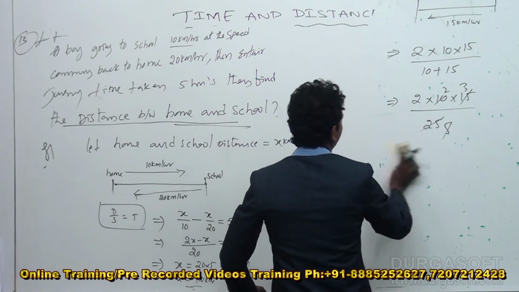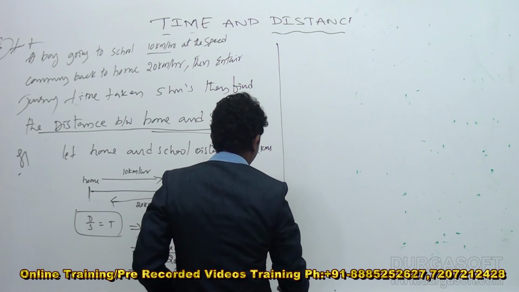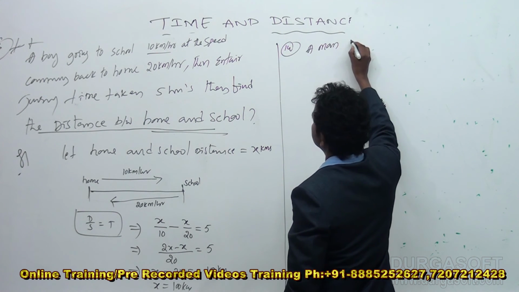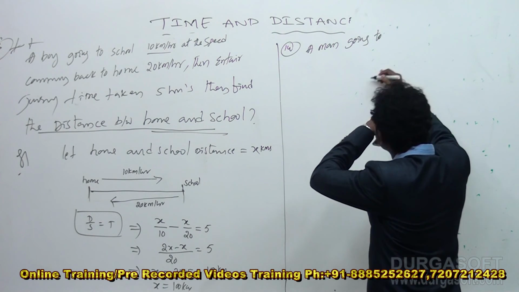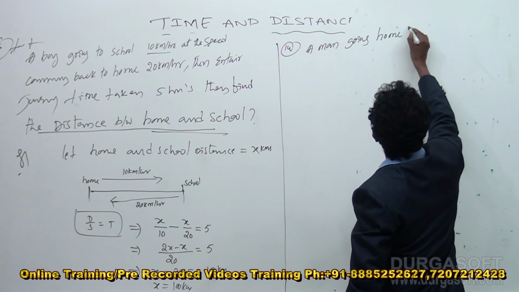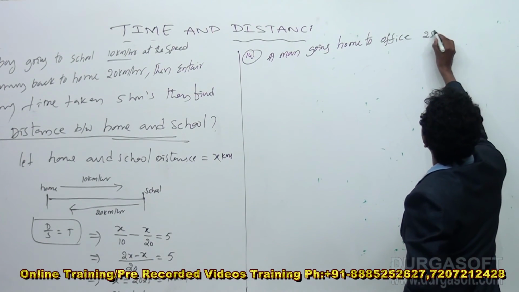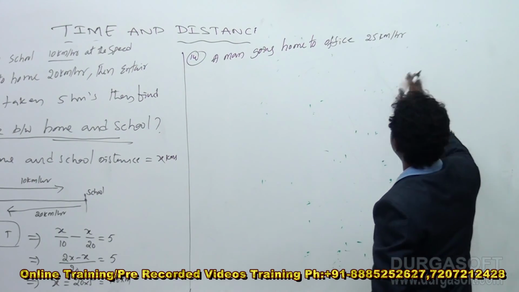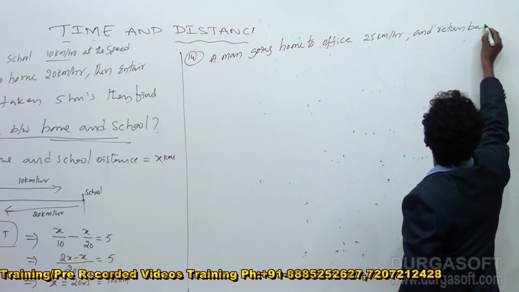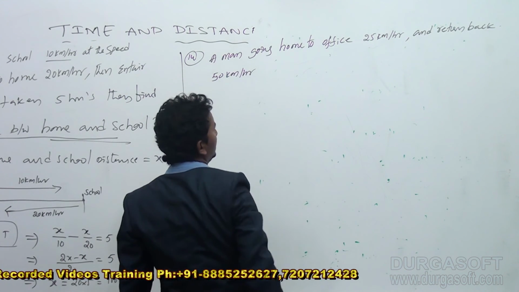Now see the next problem. A man going from home to office at 25 kilometers per hour and returning back at 50 kilometers per hour.